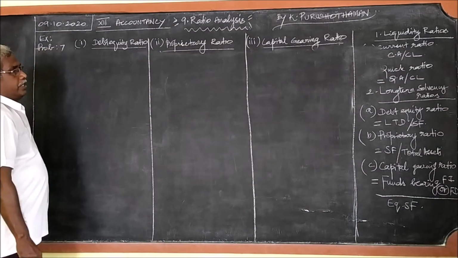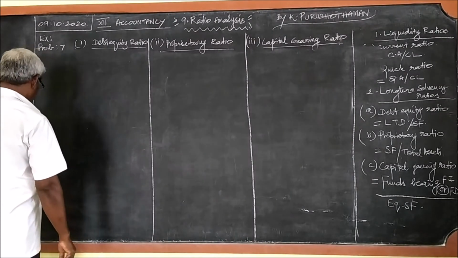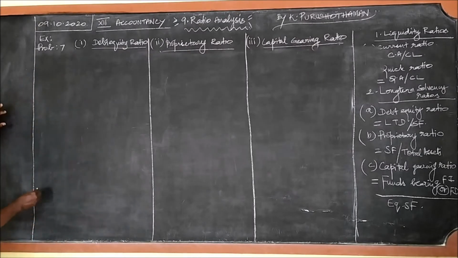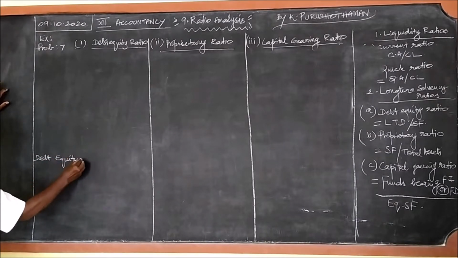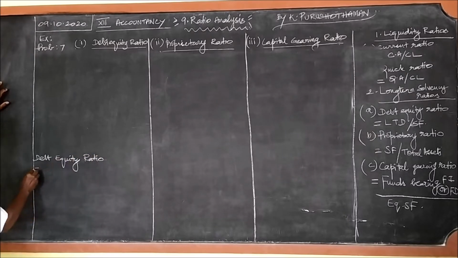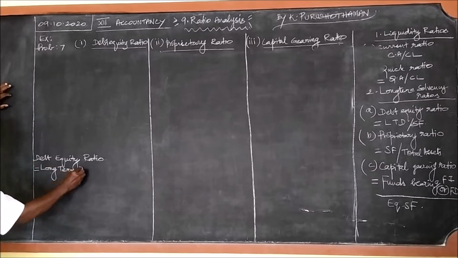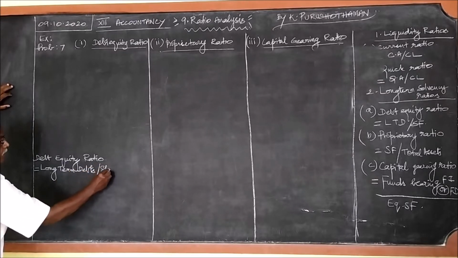The first one is debt equity ratio. What is debt equity ratio? The debt equity ratio is equal to long-term debts by shareholders fund.